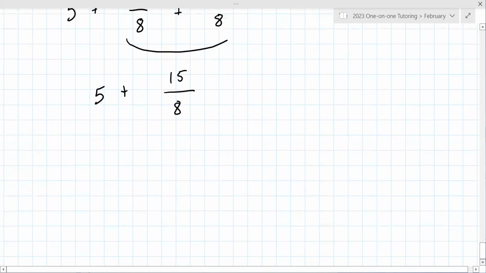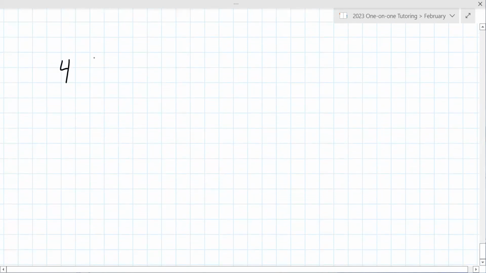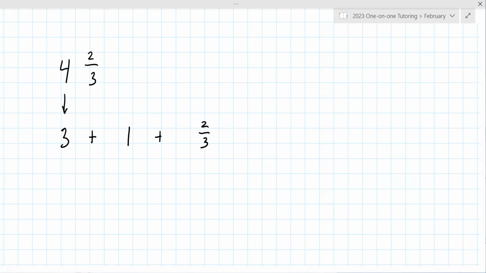Let's try one more here. Let's say it's 4 2/3. We're going to write a 3 plus what number? What number goes next to it? 1. 1 plus 2/3. What does the 1 become as a fraction? 4.